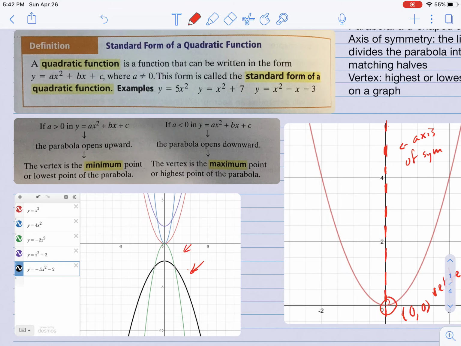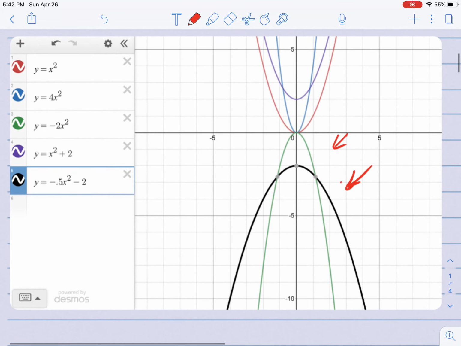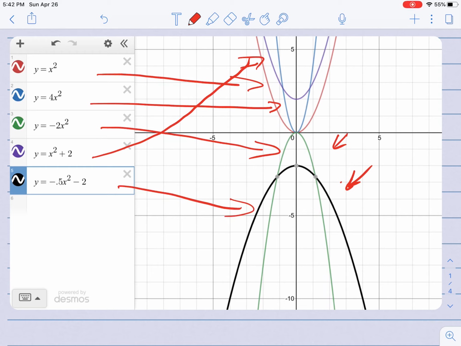Okay, and so I'm going to zoom in on this graph right here. As you can see, I've graphed these using Desmos. So this one goes to the red line, this one goes to the blue line, green line down here, purple line up here, and then black line right here.